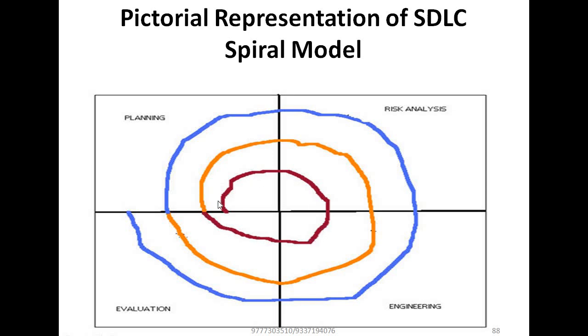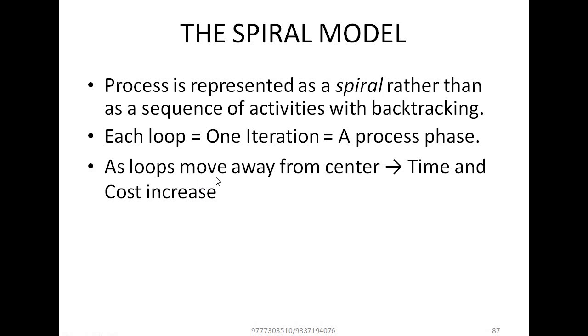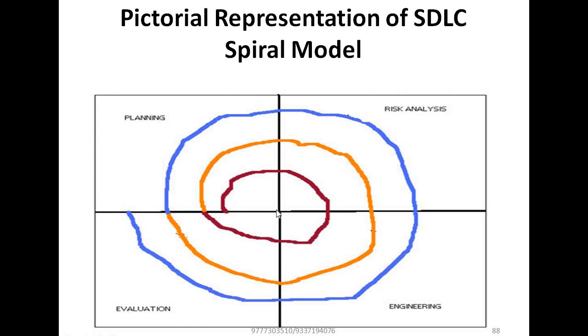This is one phase in a separate color, this is another phase, this is another separate color. As loops move away from the center, time and cost will increase. This is the center of the loop. If I move far from the center, then time and cost will increase.